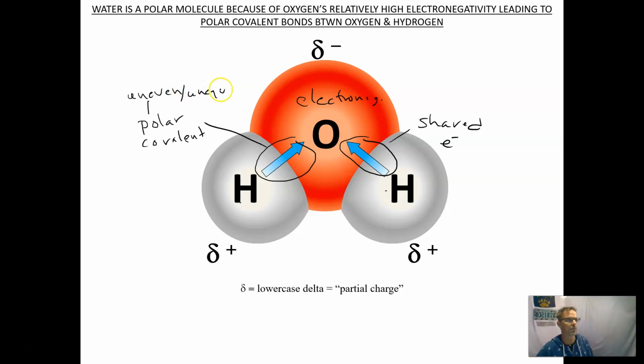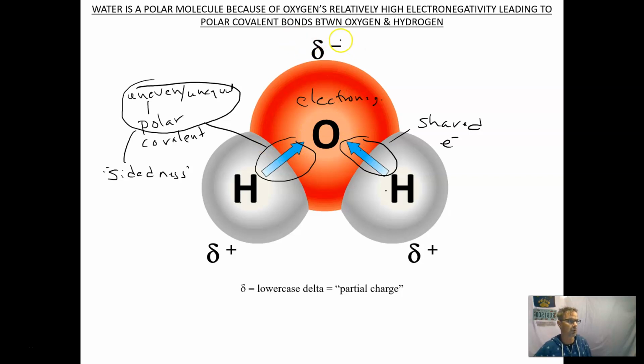unequal. Any molecules that are described as being polar, there's something uneven about them. You can also think of polar as having sidedness to them. So molecules like the water molecule are polar. They have sidedness, and the sides are because of the unequal distribution of the sharing of these electrons in these polar covalent bonds.